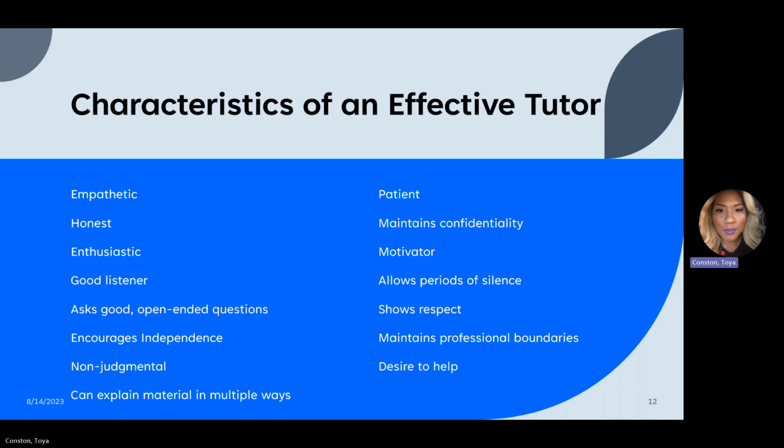You should also be able to explain material in multiple ways. So going back to being patient, you as a tutor also have to be able to apply instruction that motivates your student learner. And each student is different.